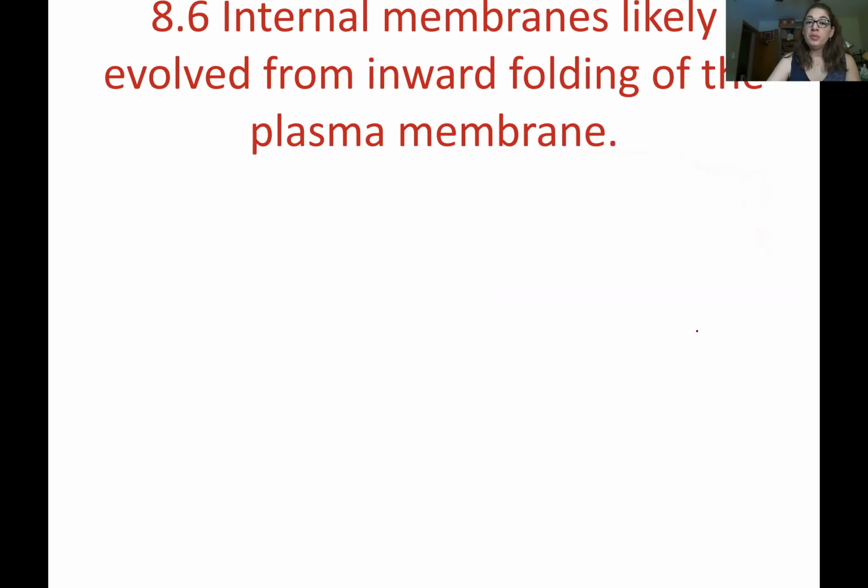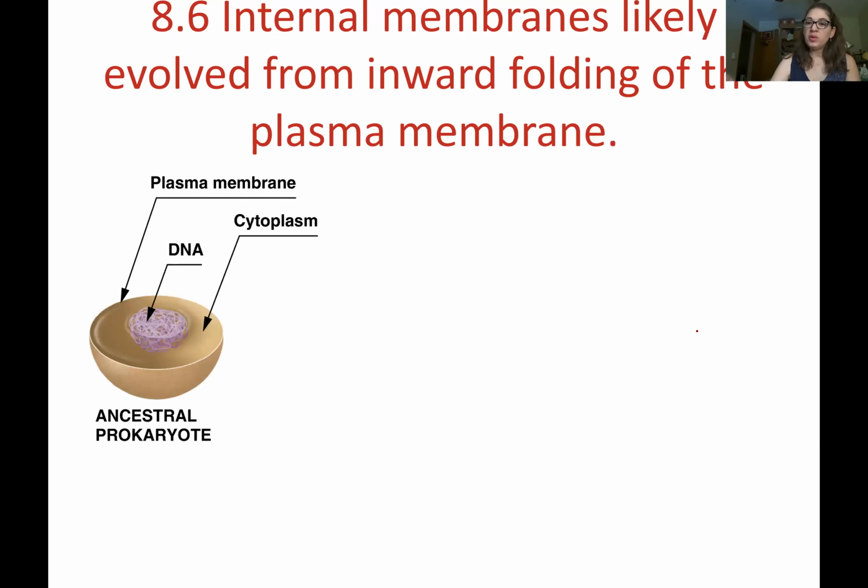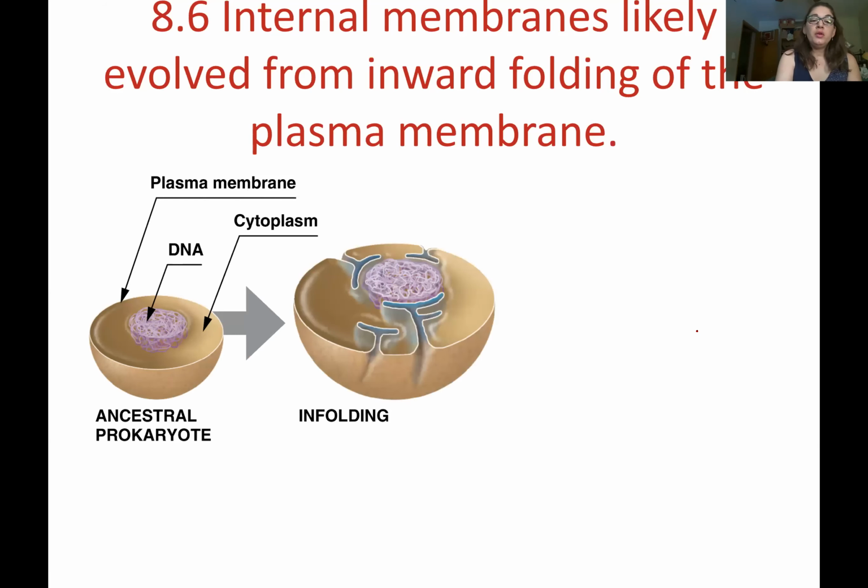So internal membranes likely evolved from the plasma membrane folding inwards from an original cell. And so this picture here shows, okay, we have a hypothetical ancestral prokaryotic cell, and at some point in time, the membrane folded in on itself.